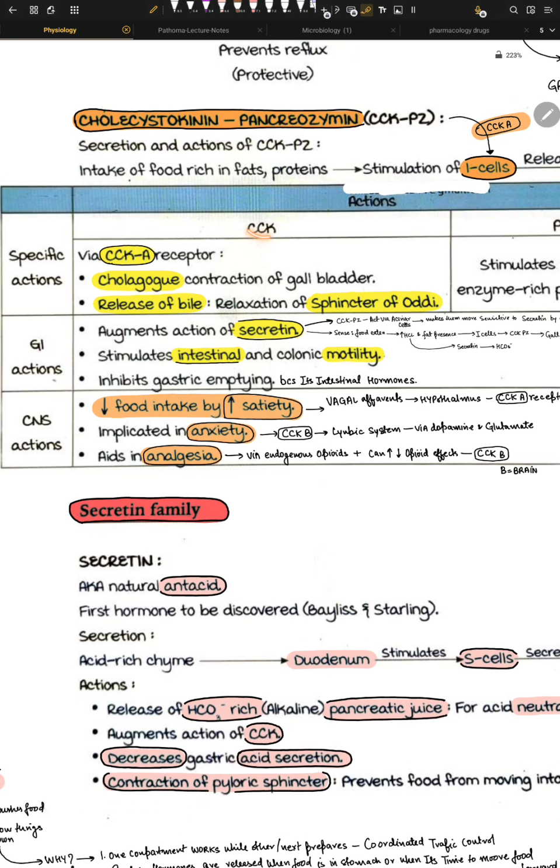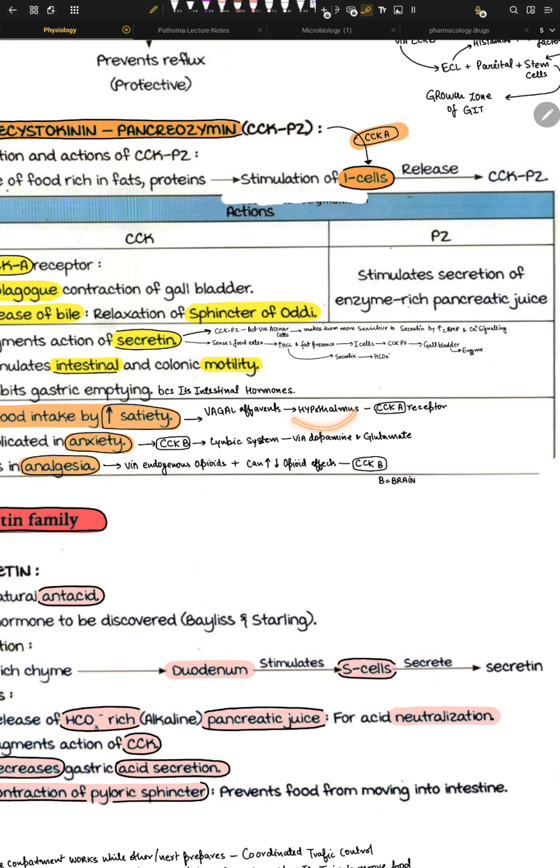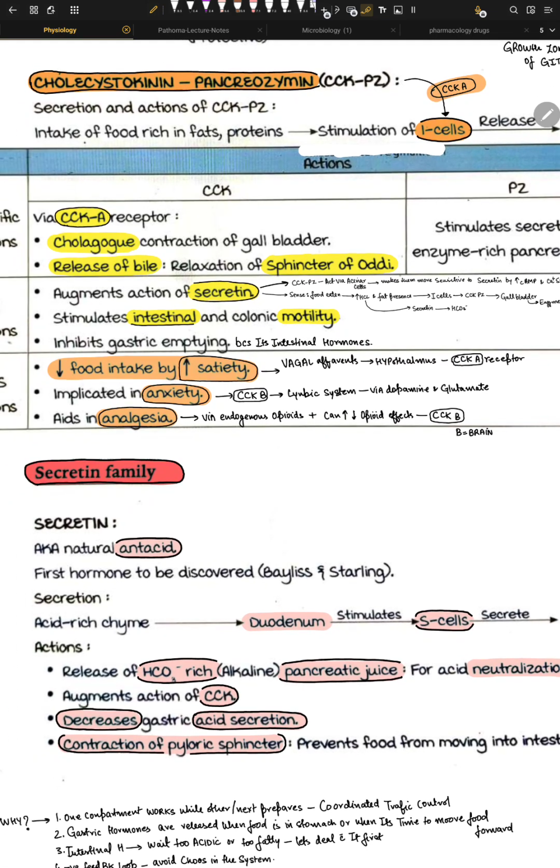The CNS action of CCK, that is cholecystokinin, is that it reduces food intake by increasing satiety via vagal afferents. Vagal afferent means it goes to the cell body. So vagal afferents go to the hypothalamus. There are CCK receptors in the hypothalamus, and then we feel that we don't want to eat, right?